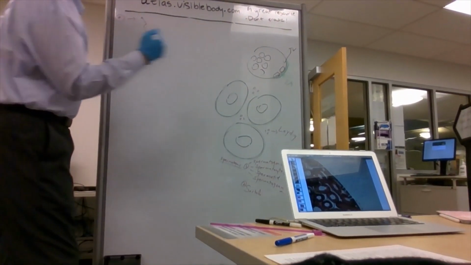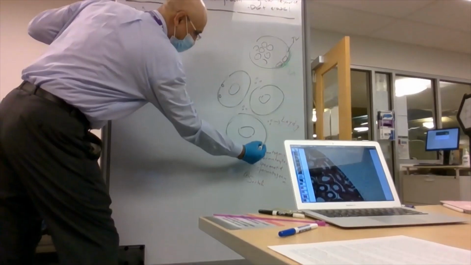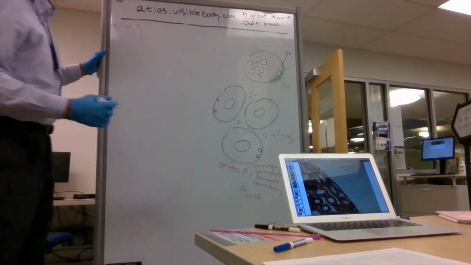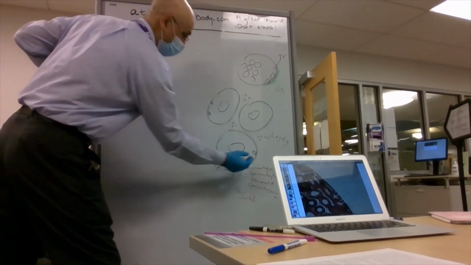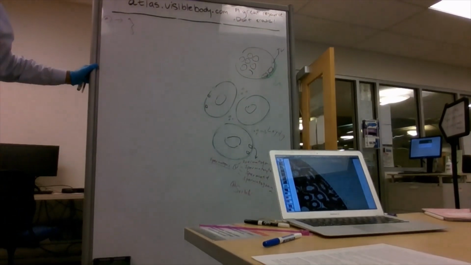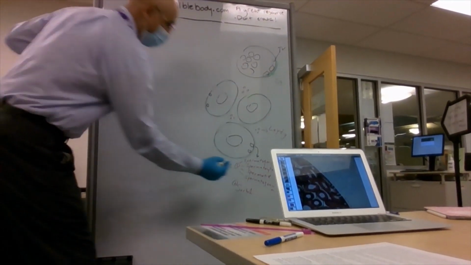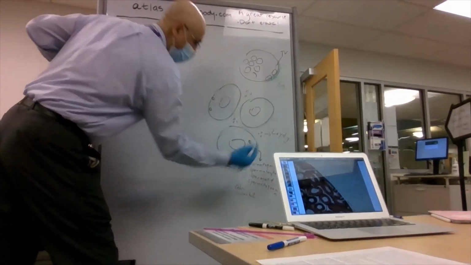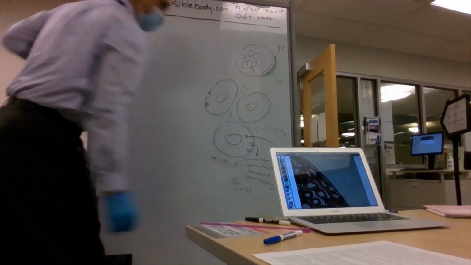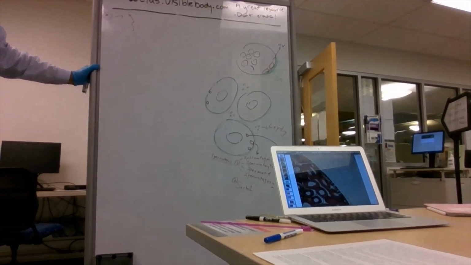Guys, if you see any round structure close to the basement membrane, that is your spermatogonium. You with me? If you see a round structure somewhere in the middle, guys, that is your spermatocyte. Okay, guys?